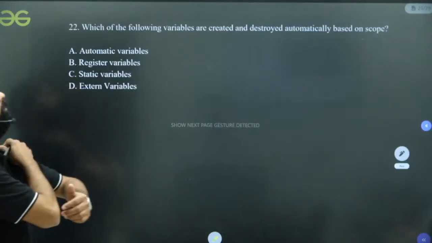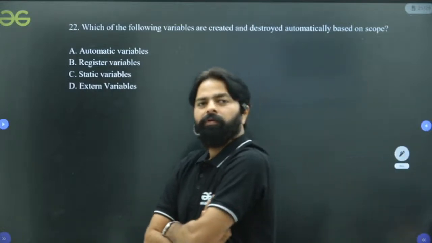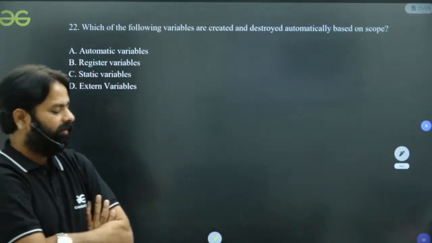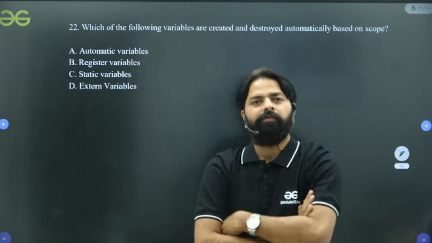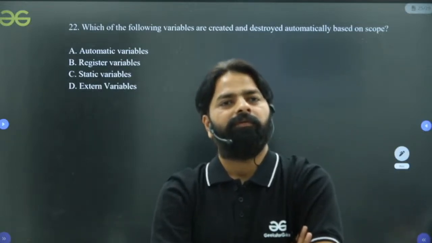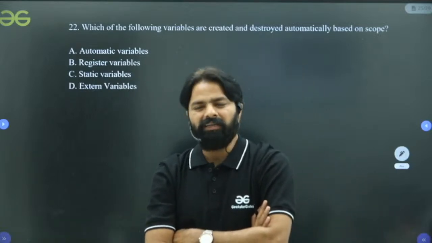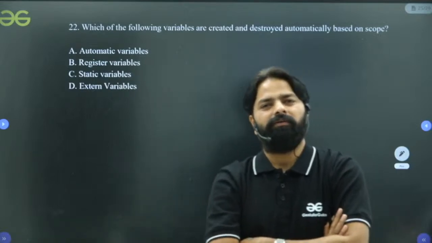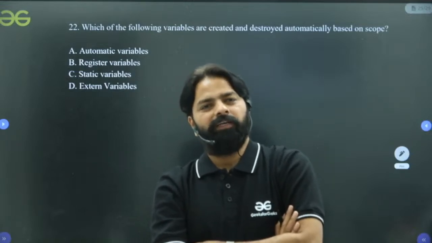Which of the following variables are created and destroyed automatically based on the scope? Structures, once in a while they are happening. Why do you want to find the size of the structure variable?